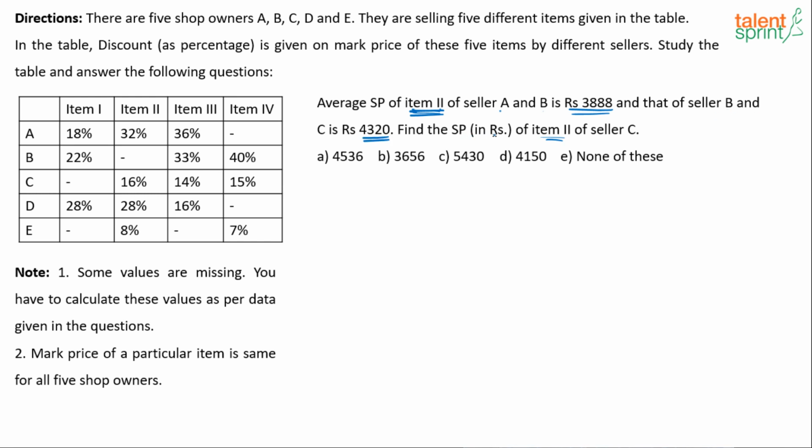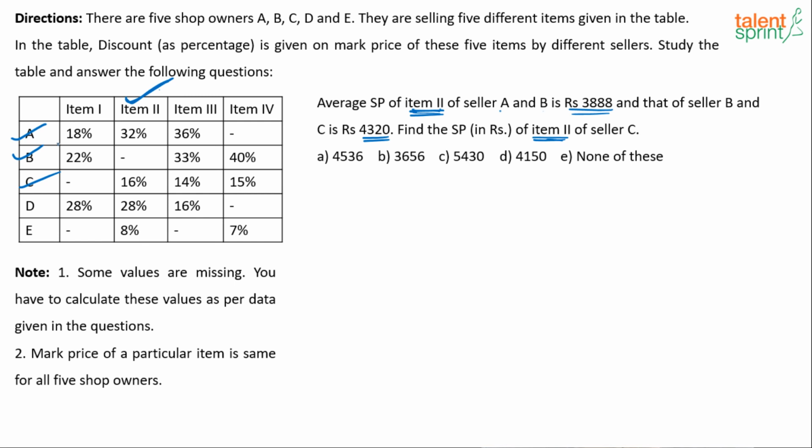So find the selling price of item 2 for the seller C. Right? You've been given the average selling price for A and B. We are all referring to item 2 here, by the way. For A, B and C. And average selling price for B and C as well. Find the selling price of item 2 for seller C.